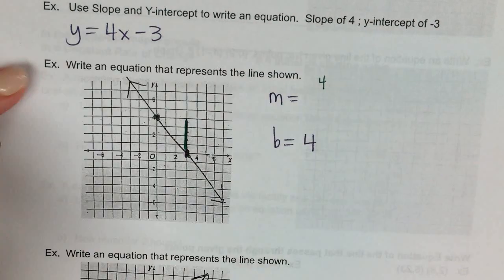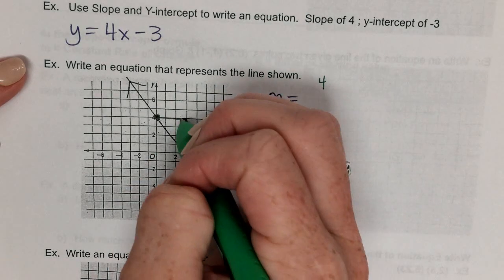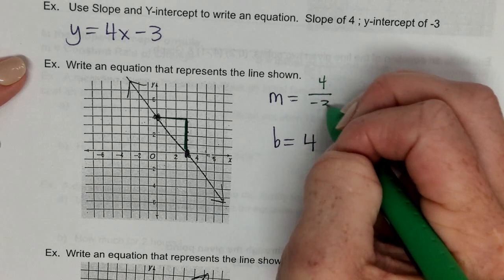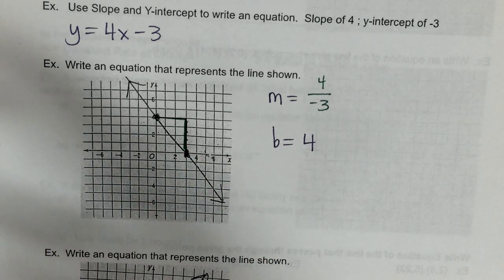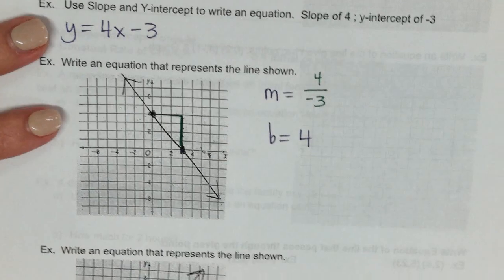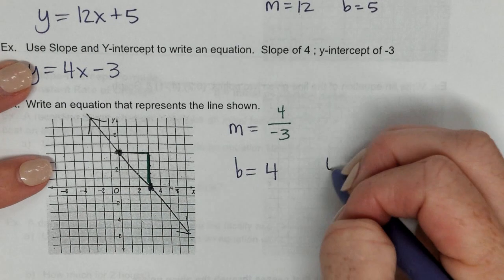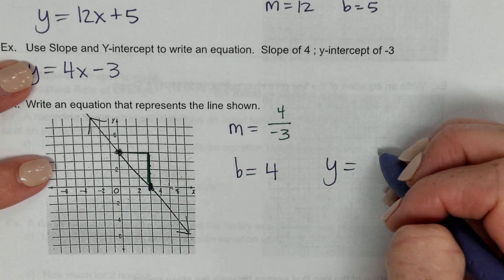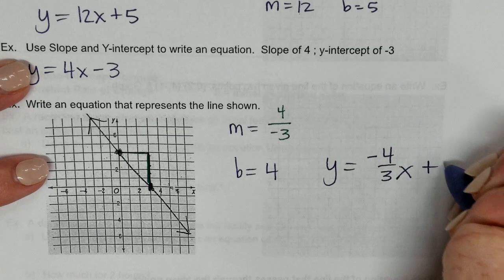Since it went up, it's positive, and our run is left 3, which is negative. You must simplify your fraction, but 4/3 can't be simplified, so I'm going to leave it alone. Now that I have my two pieces, I simply plug them in like we did up here. So I have y equals mx plus b, so negative 4/3 x plus 4.